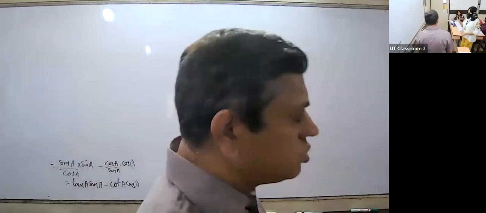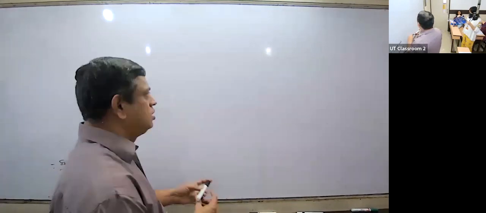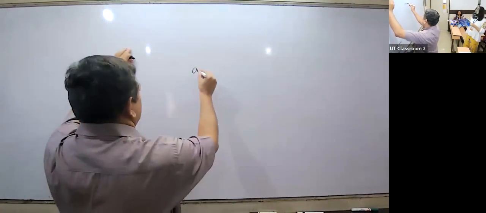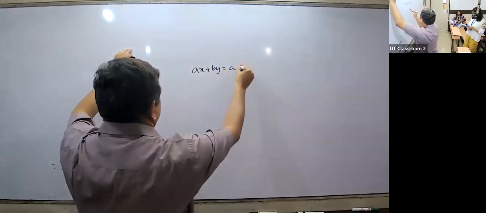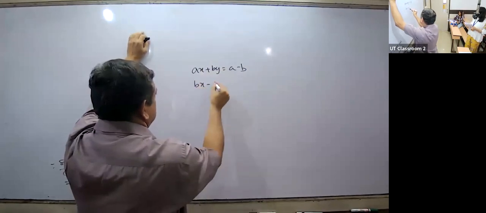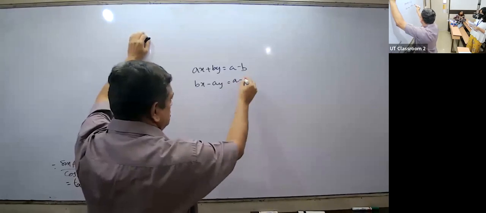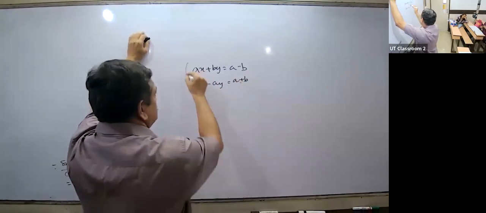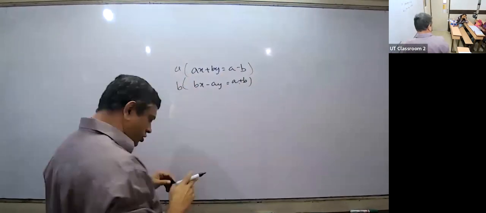Read the question. This type of question, how many times have we done? Sir, we have. Now ax minus ay is equal to AB, a plus b, a plus b. Now make the coefficients same. First equation multiply by A, second equation multiply by B. Are you following?